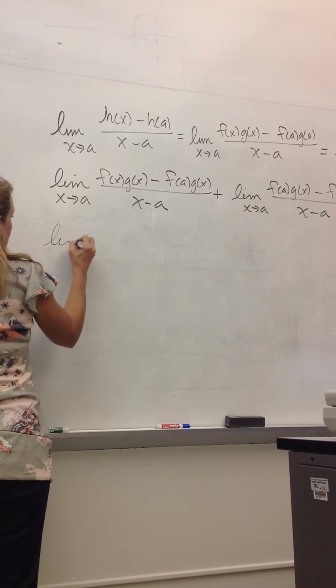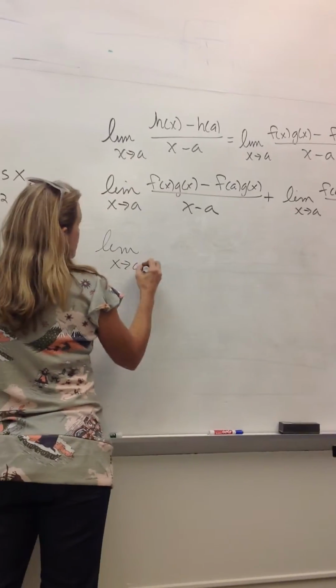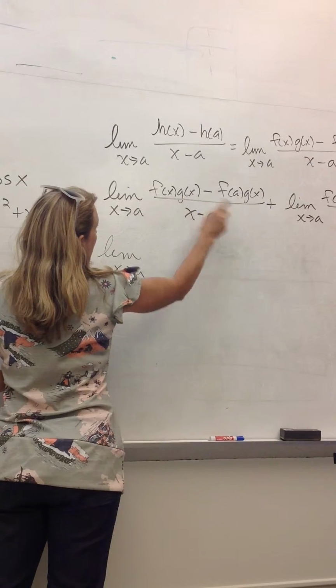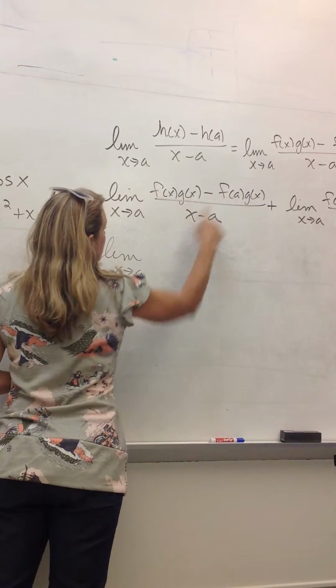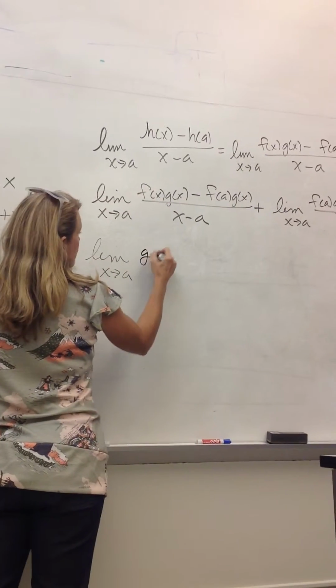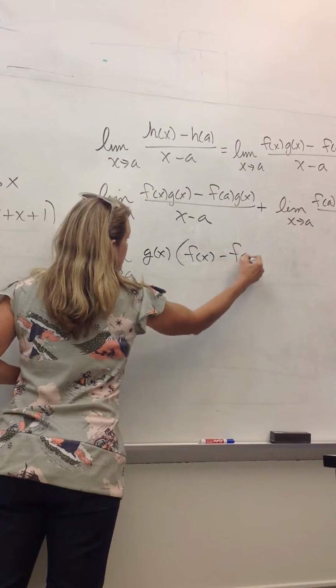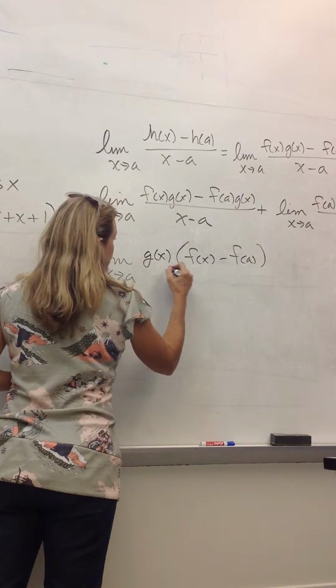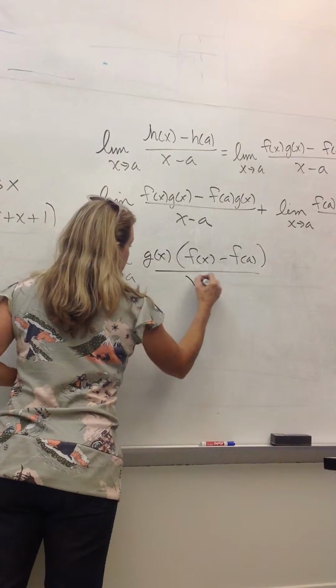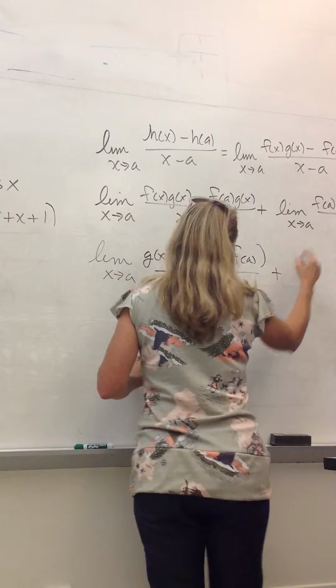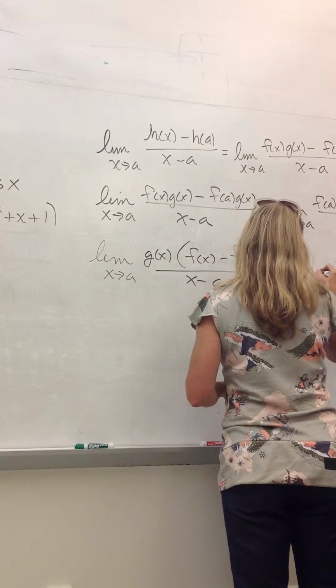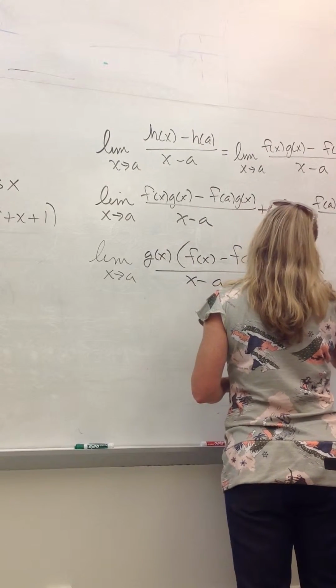So what I want to do next is notice that I can factor something out here. What can be factored? g of x can be factored. This one, what can be factored? The f of a.